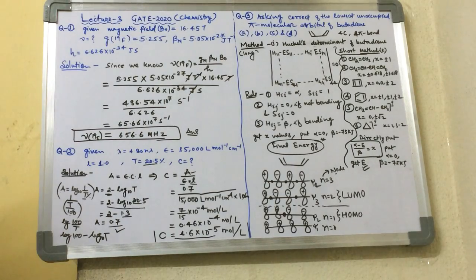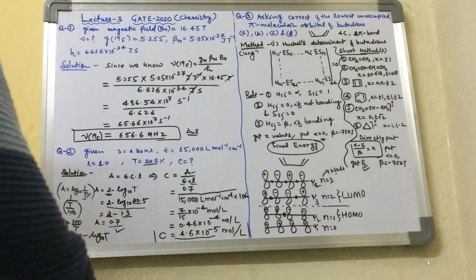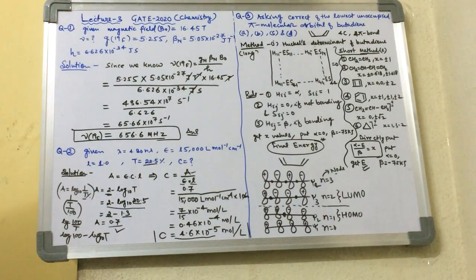So here it is asking for the correct representation of the lowest unoccupied pi molecular orbital of butadiene. Before starting this type of question, you first have to roughly know the x value. If you know the x value, you can get some idea.